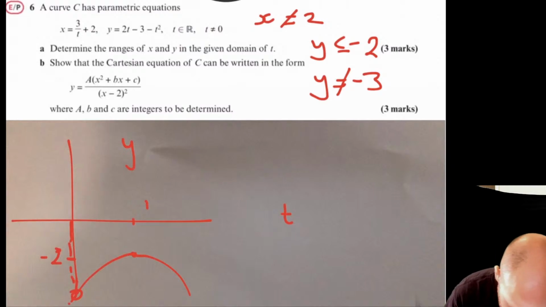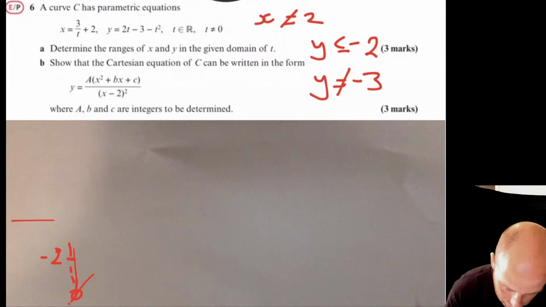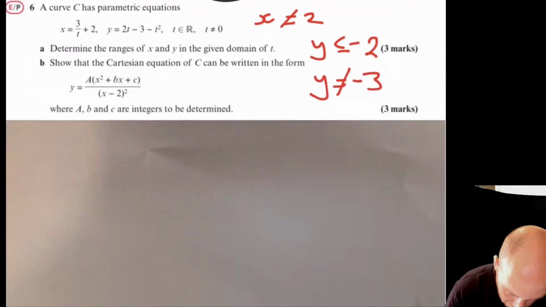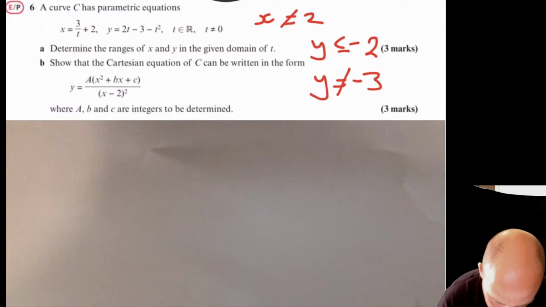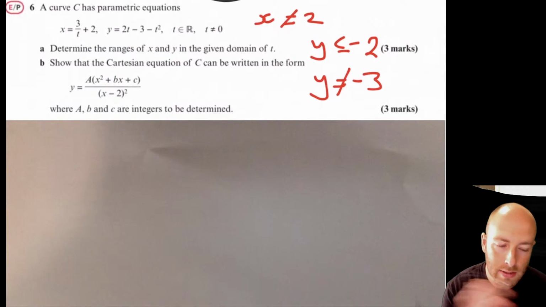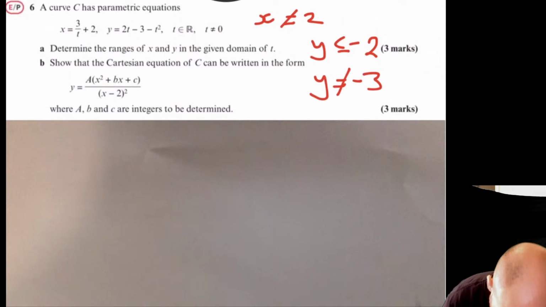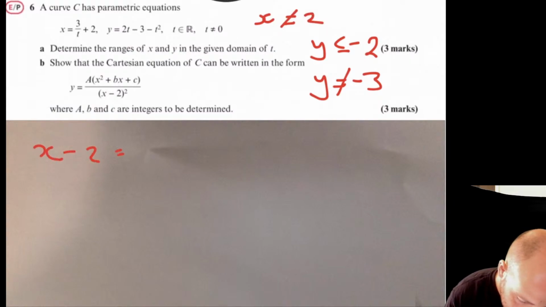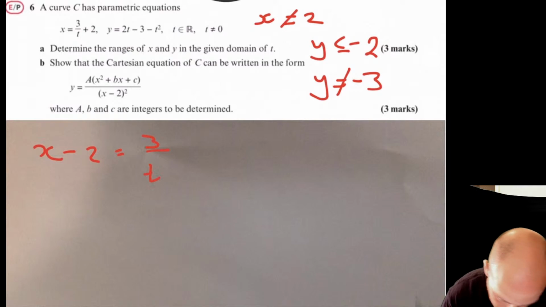Show the Cartesian is that. So easiest way to do this is to rearrange x and then put that into the other equation. So we're going to say x take 2 equals 3 over t.